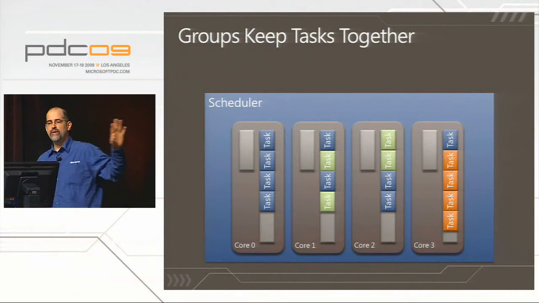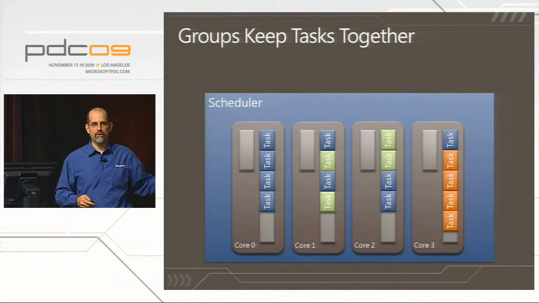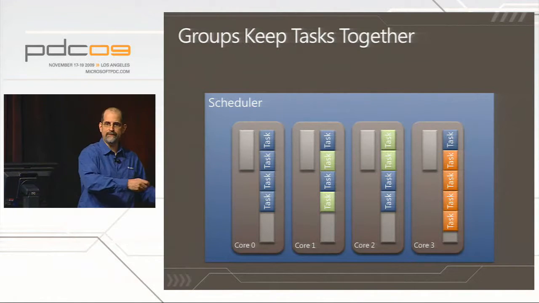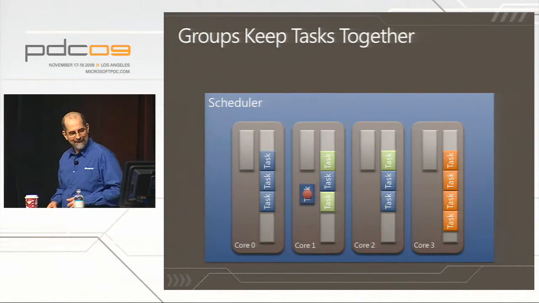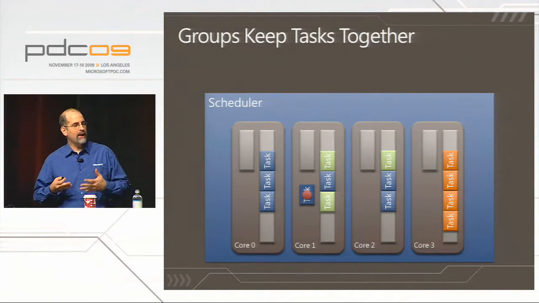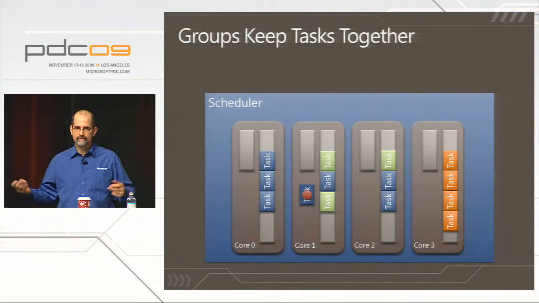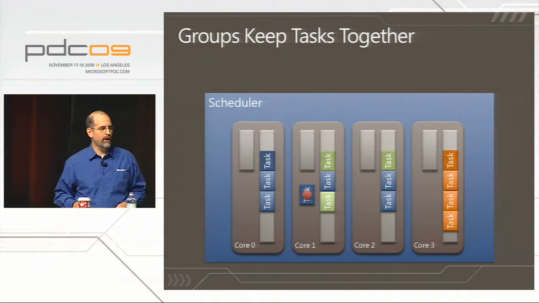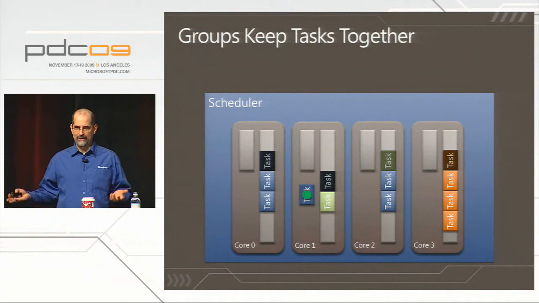Now here I have three different groups: a blue group, a green group, and an orange group. Kind of like when you were in elementary school and they had you wear different shirts, right? Consider that I actually ran a batch of these tasks. One of my tasks was blocked, so I stuck it off the side and continued running. Now a later task unblocks this first task.